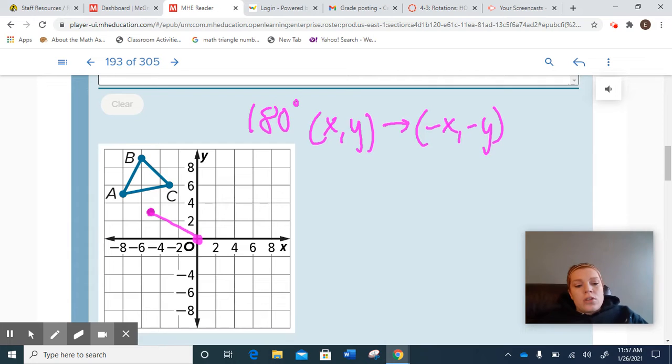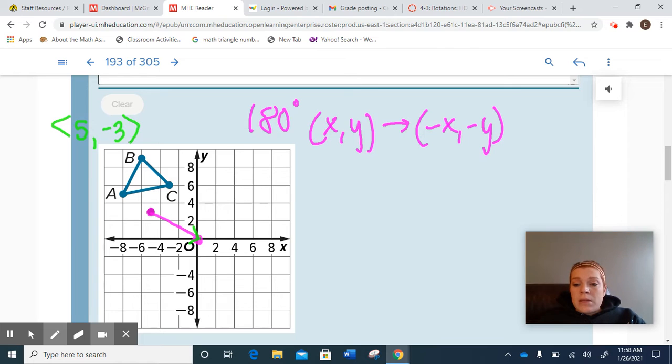So let's start off with moving the shape to its new location. So I'm going to do this vector here. The vector is 5, positive, and 3 negative.